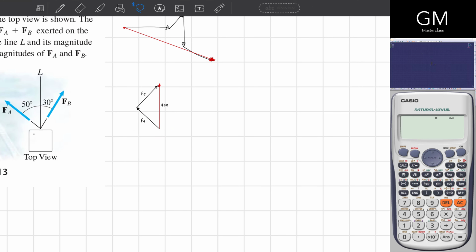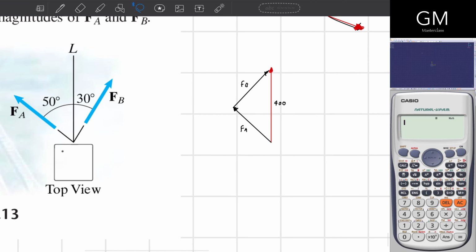Okay, once I have this, I'm going to start writing down the angles. Right here I can see that the angle generated between L, which is the same angle with respect to the resultant vector, is going to be 30 degrees.